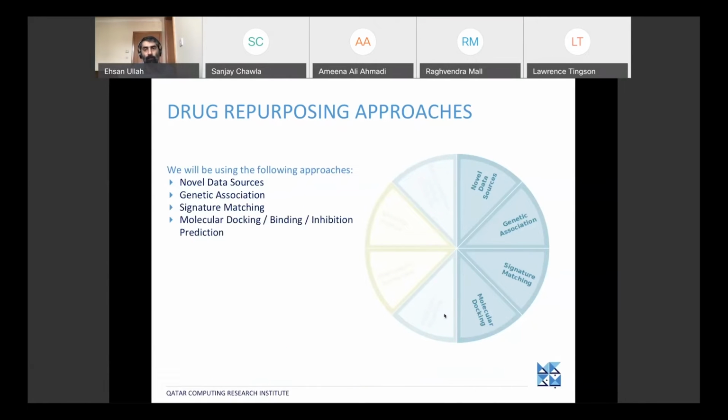So the approaches I will be focusing on, as I have already told you, are novel data sources, genetic association, signature matching, and molecular docking. The two approaches we will not be focusing on are retrospective clinical analysis and pathway mapping. Retrospective clinical analysis requires data from electronic health records, and we don't have access to them. And regarding pathway mapping, our group doesn't have much expertise in this area.